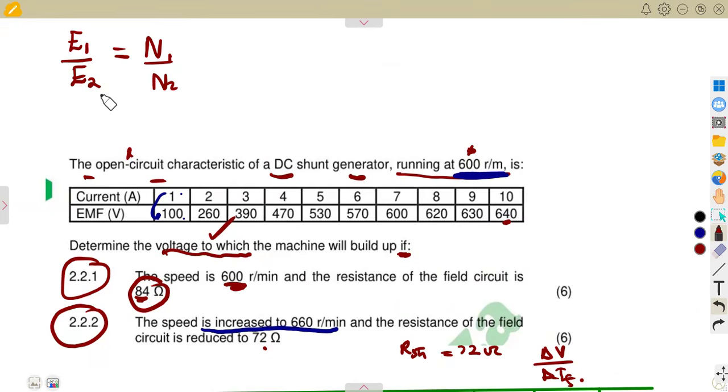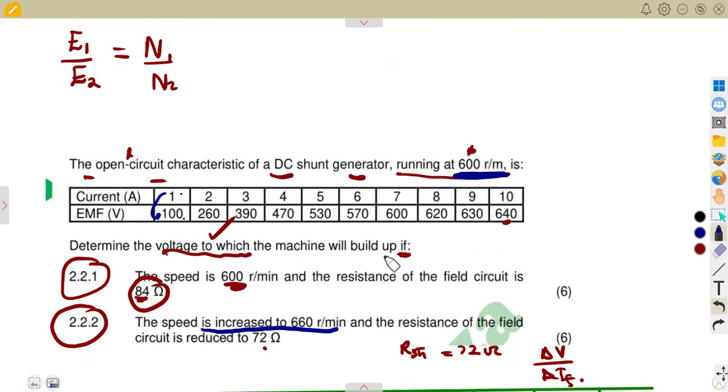There are actually two ways. You can calculate the percentage change.